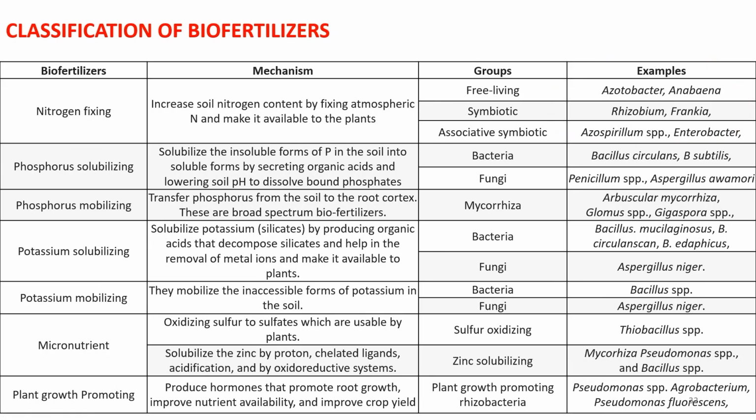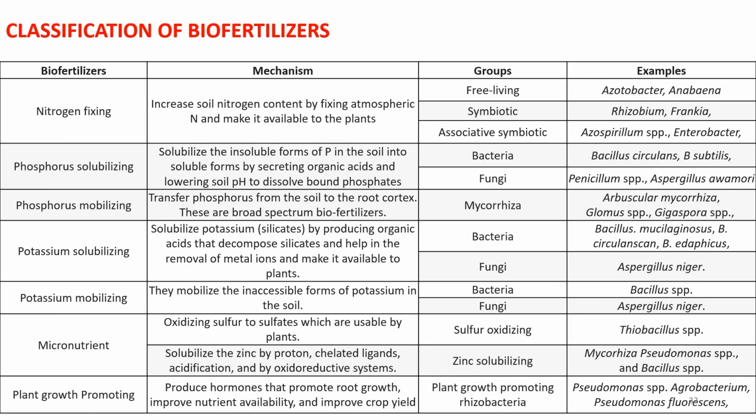Then we have phosphorus solubilizing ones, which solubilize the insoluble forms of phosphorus in the soil into soluble forms by secreting organic acids and lowering soil pH to dissolve bound phosphates, and this can be carried out by both bacteria and fungi, like Bacillus and Penicillium respectively.